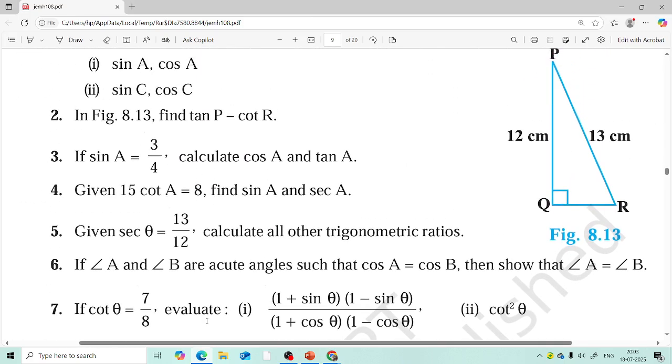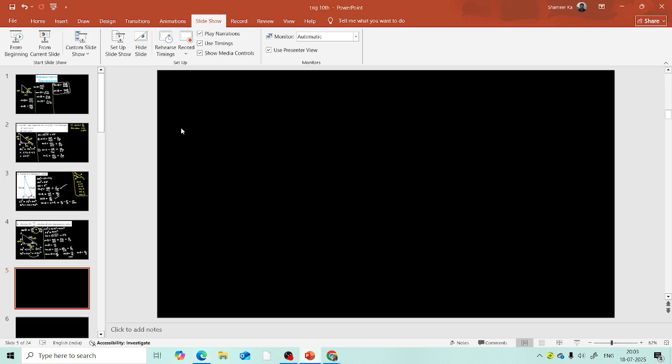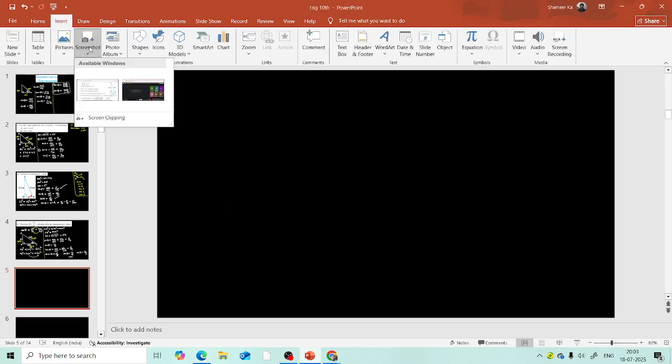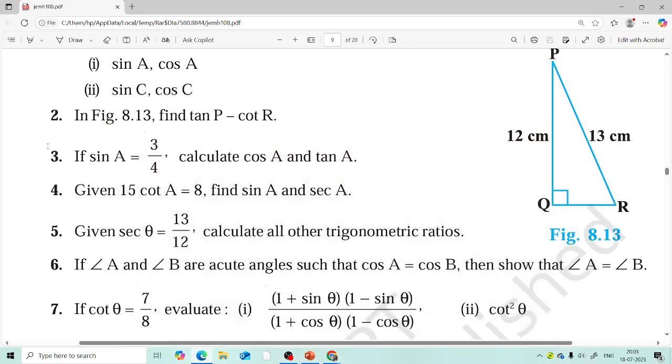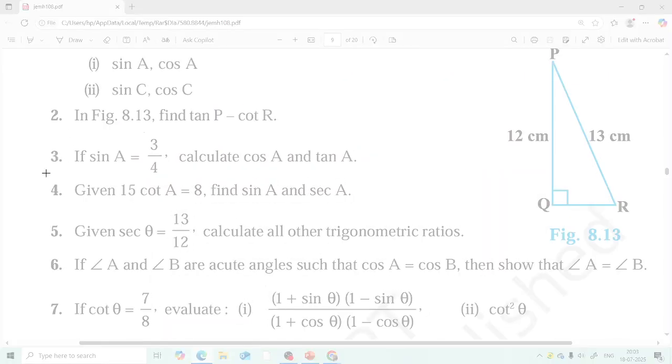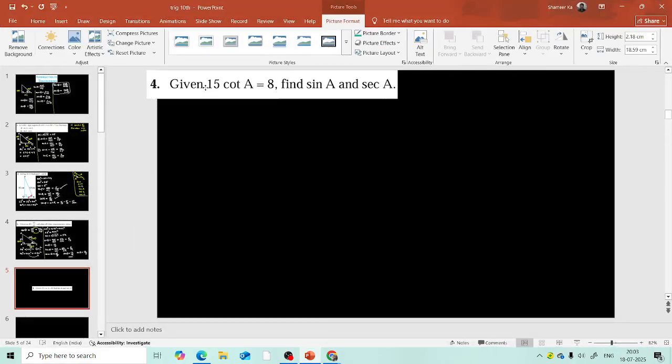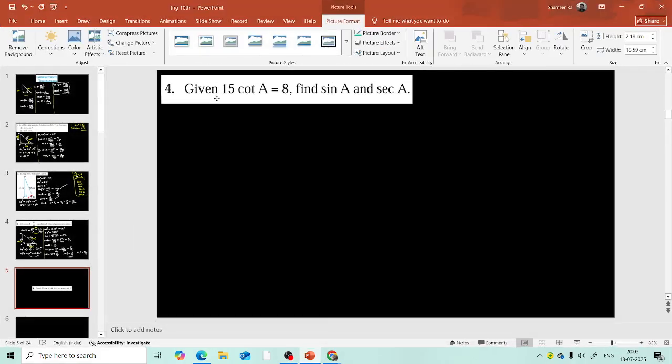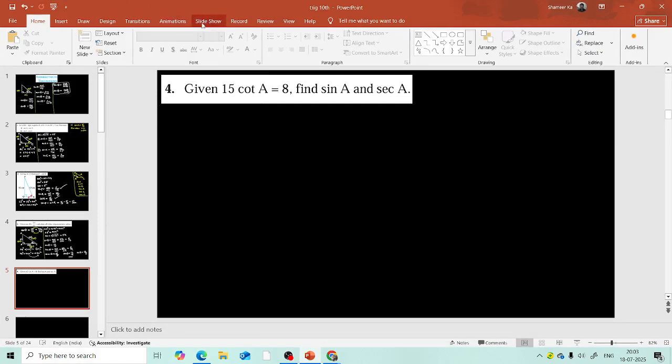Let me discuss the fourth question. The last exercise is the most difficult exercise. The other exercises are very simple.